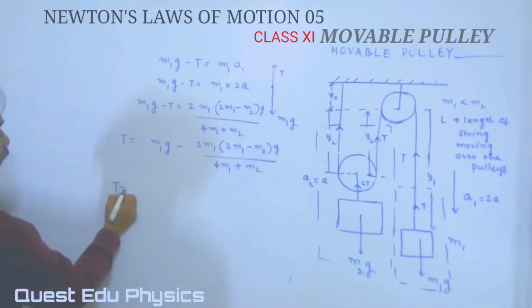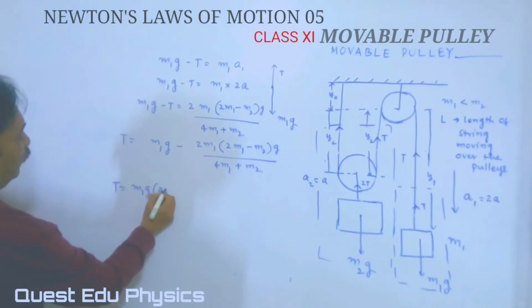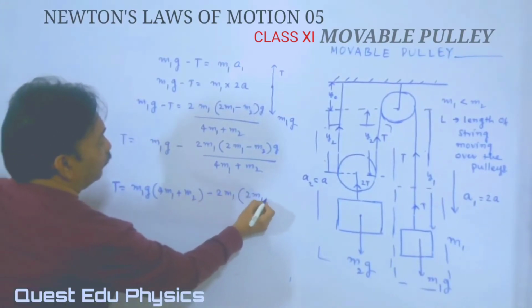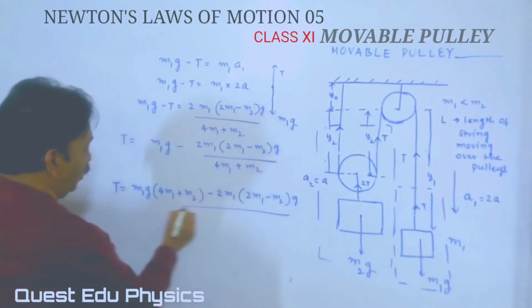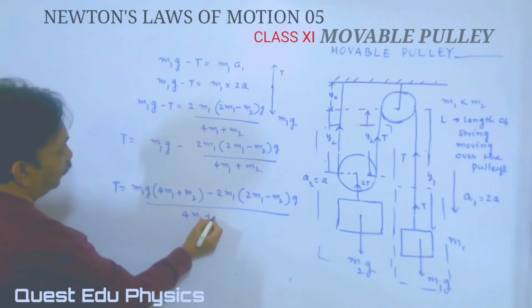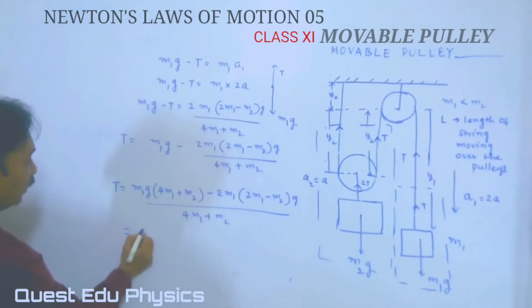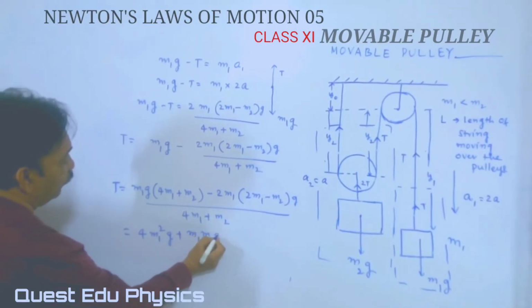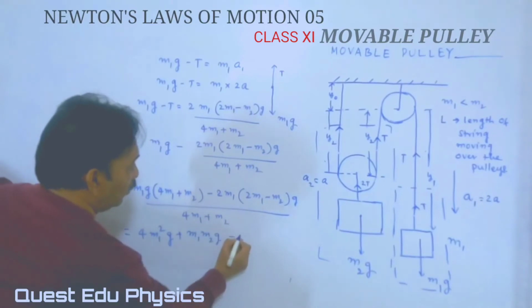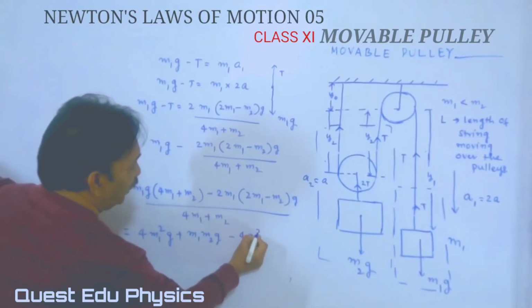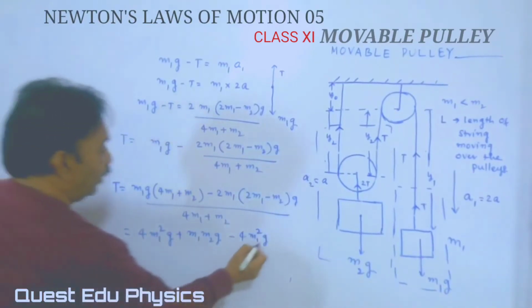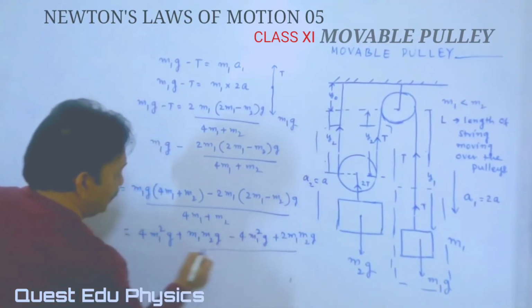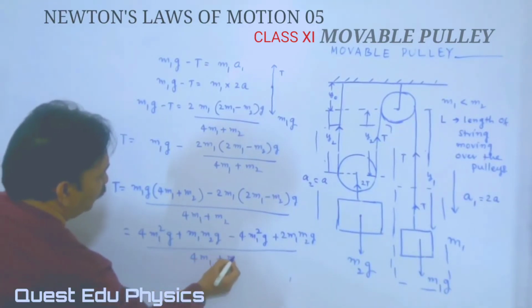Further, it can be written as T is equal to M1g (4M1 plus M2) minus 2M1 into (2M1 minus M2) g, whole divided by 4M1 plus M2, and it is 4M1 square g plus M1M2g minus 4M1 square g plus 2M1M2g, by 4M1 plus M2.